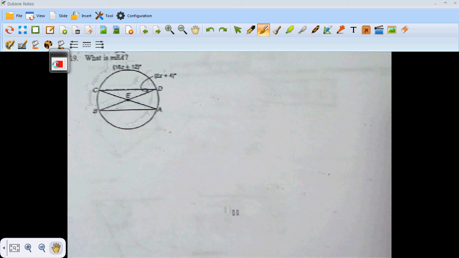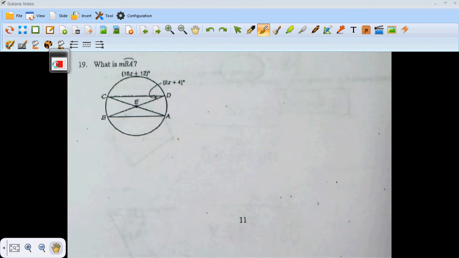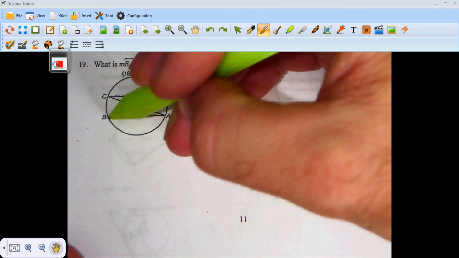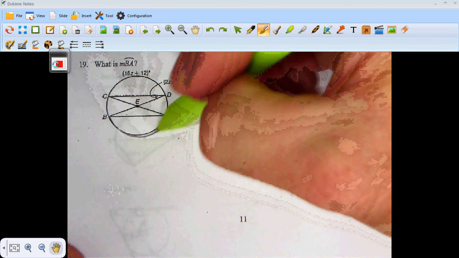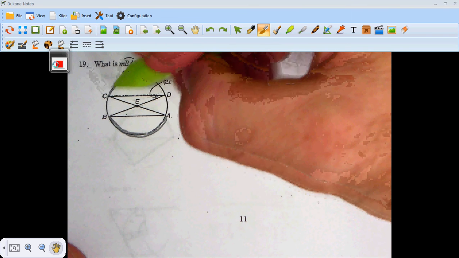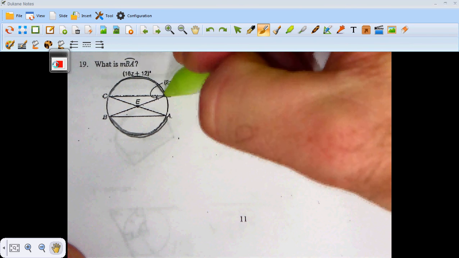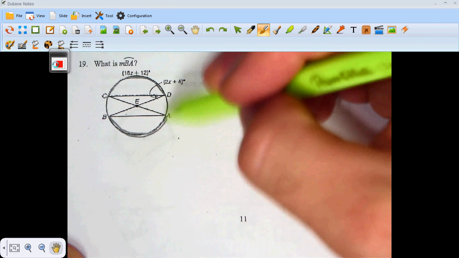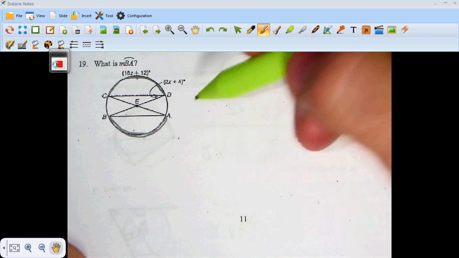Okay, number 19. They want to know the measure of BA. Now, we could go through several proofs here to show that BA is equal to CD, but anyway, we know that BA is equal to CD, that arc.